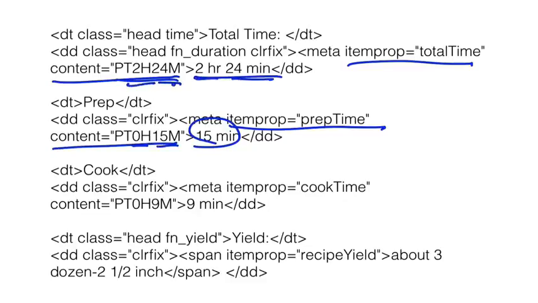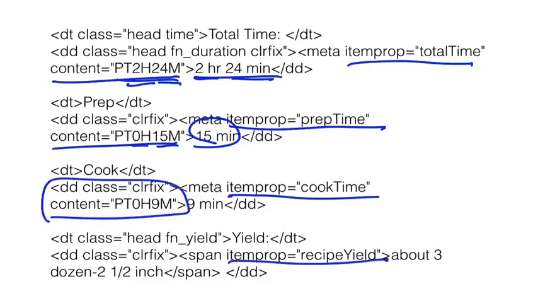Item property cook time, content equals 9 minutes, etc. Item property recipe yield, etc. All of these standard pieces of markup that are in schema.org to describe characteristics or properties of a recipe.